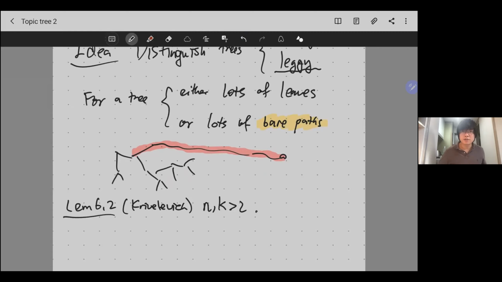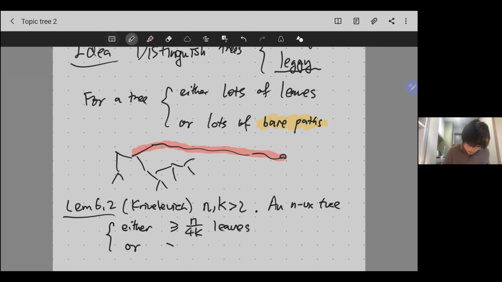Then an n-vertex tree either has at least n over 4k leaves or at least n over 4k bare paths, each with length k.